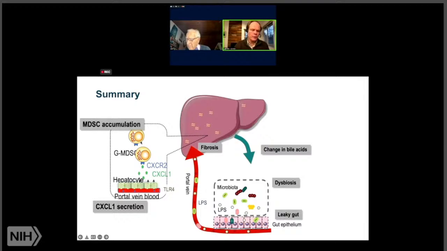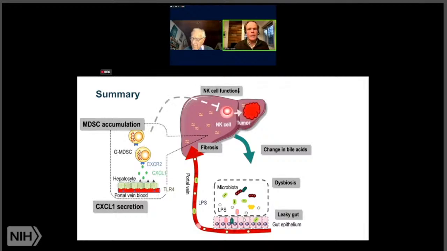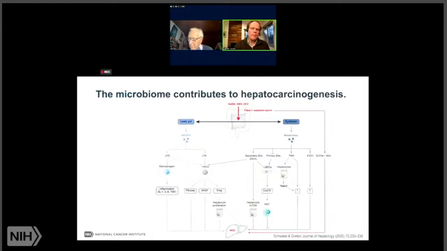I told you these are cells that can basically suppress immune responses and thereby enhance tumor growth. So I believe I've shown you here two different models of how the microbiome can contribute to or change the tumor microenvironment and contribute to hepatocarcinogenesis.